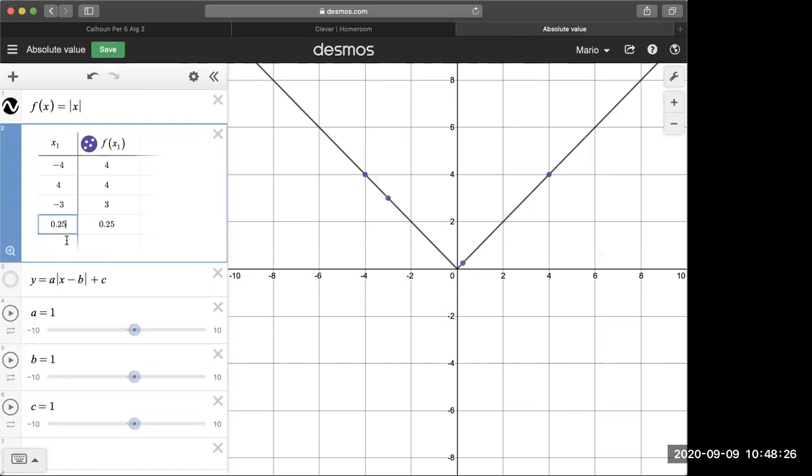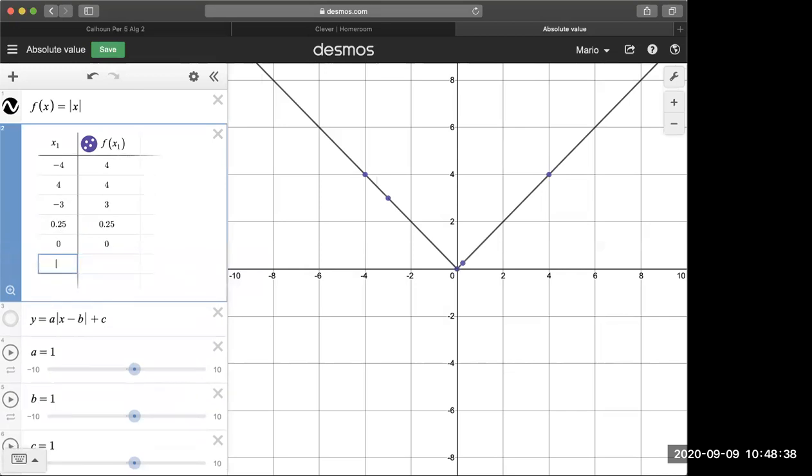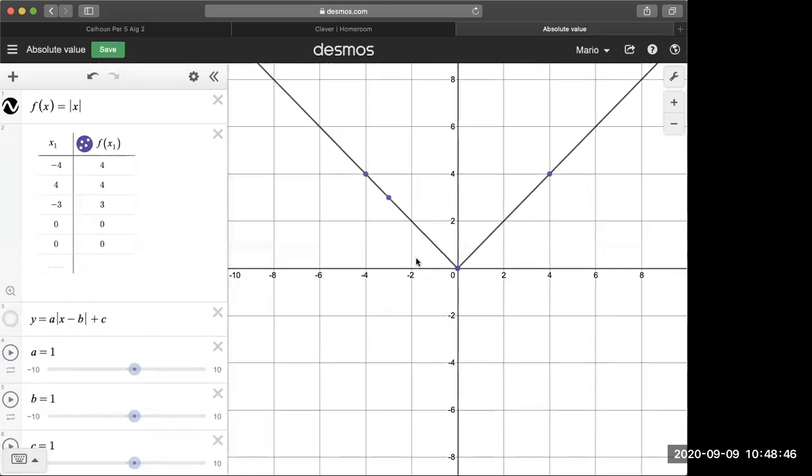And because the absolute value cannot be negative, the graph is going to turn when it gets to zero. So we can see that's just right there at the origin. So absolute value is always distance from zero.